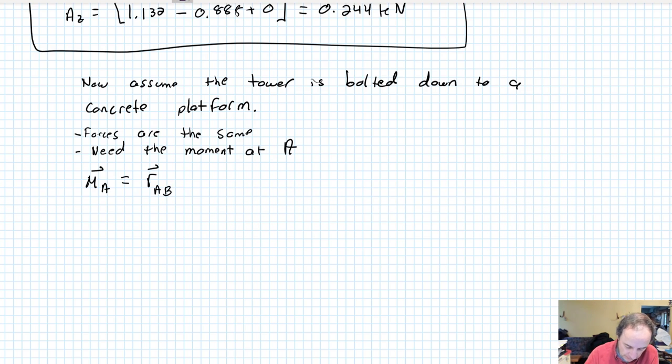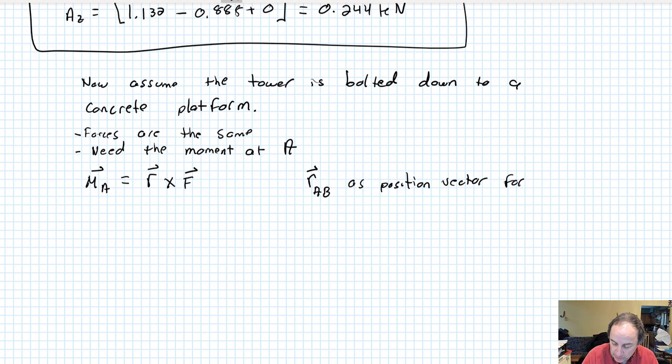Now, this problem has a simplification, because if you use RAB as position vector, it works for all three forces, because all three forces' lines of action intersect with position vector AB.